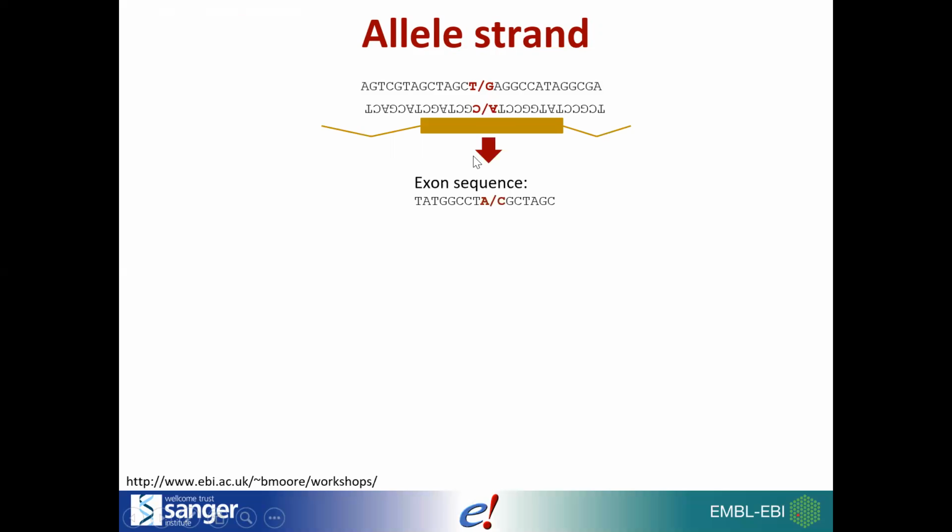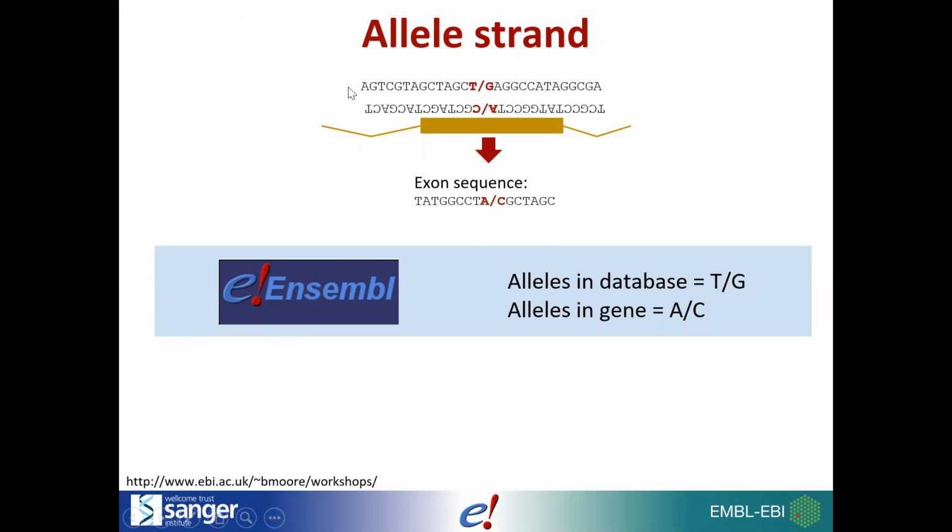But now we get into complicated things. When we do the translation, if this happens to be the coding strand, so the exon sequence has C as the reference allele and A as the alternate one.